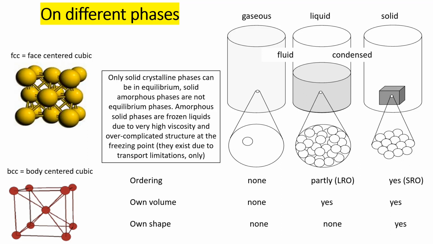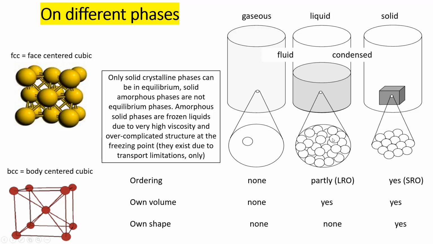Finally, let me explain that the solid phase is not necessarily crystalline. In nature and even in technologies, we often find so-called amorphous phases. The amorphous phase has of course its own volume and own shape, but it doesn't have its own short-range order, so it doesn't look like this crystal. It looks rather like a liquid.